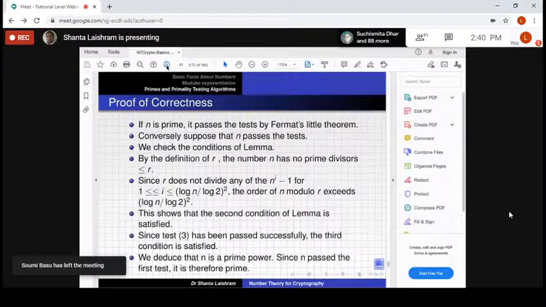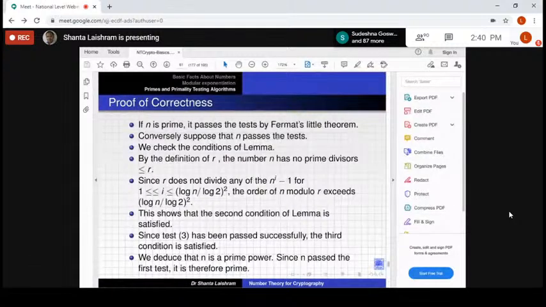Now I'll show you the proof of correctness. If n is prime, then it passes the test by Fermat's little theorem. Conversely, suppose n passed the test; then you check the conditions of the lemma. By definition of r, n has no prime divisors less than r, and r doesn't divide any of the numbers n to the i minus 1. So the order of n modulo r exceeds (log n / log 2) squared.